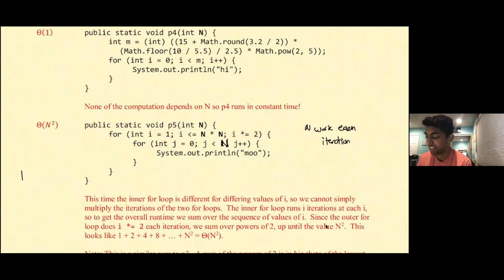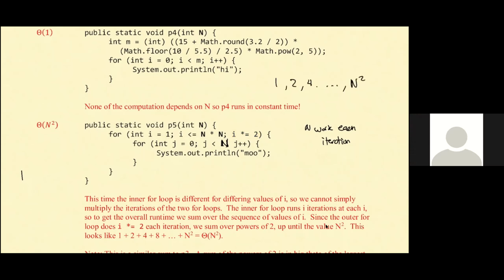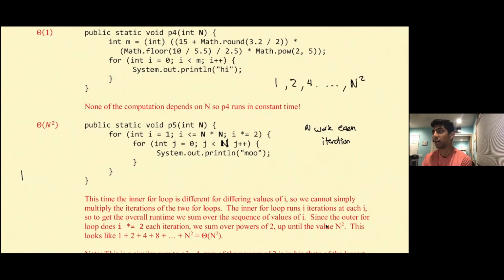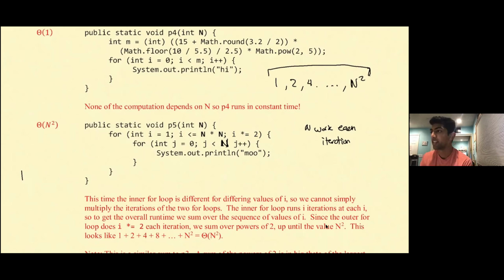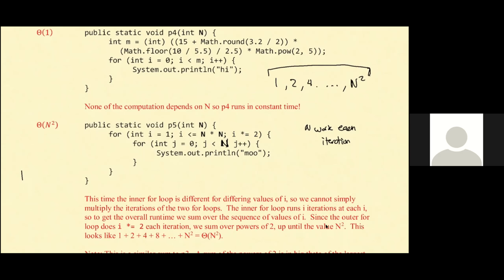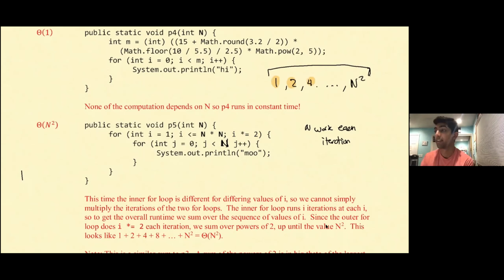It'll be 1, 2, 4, and then eventually i will exceed n squared, upon which we stop. So would we get a sum that's n plus 2n plus 4n? Except the n work each iteration is independent of these numbers here. The value of i doesn't impact the amount of work that we're doing.